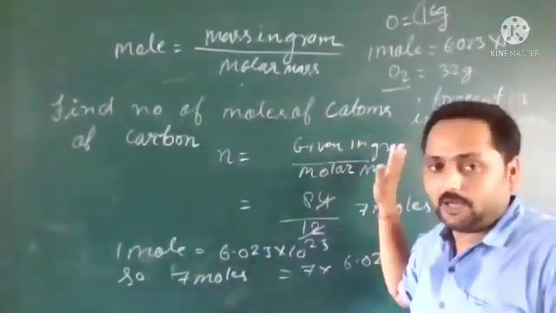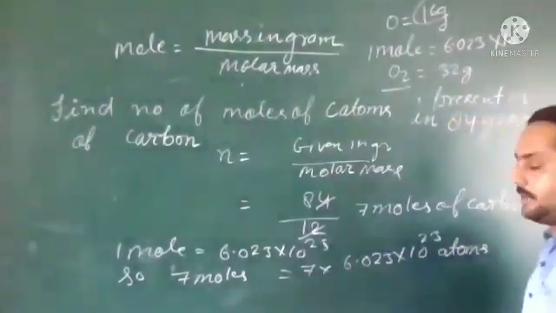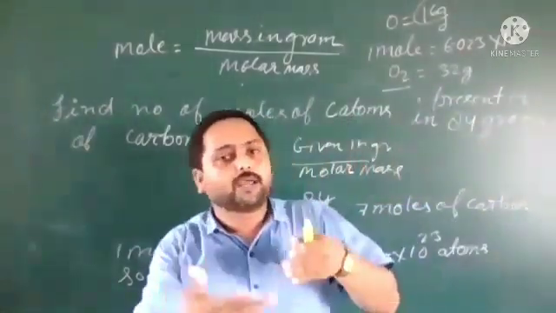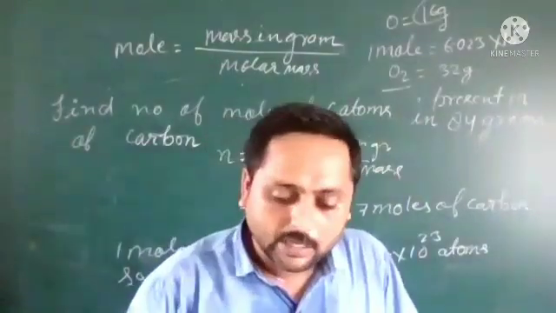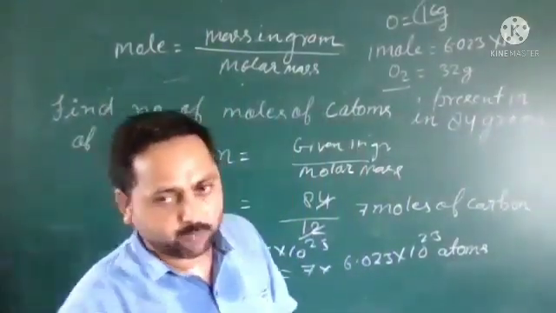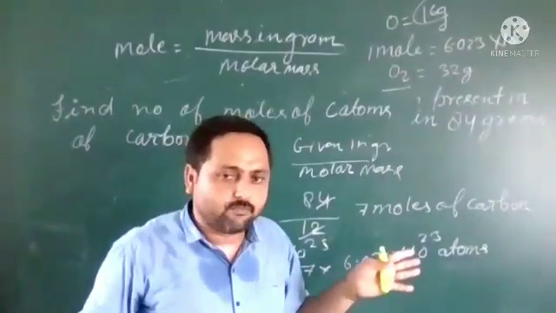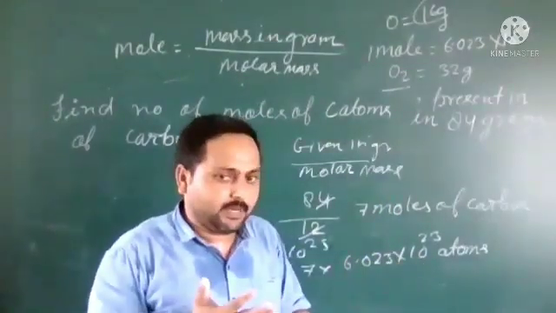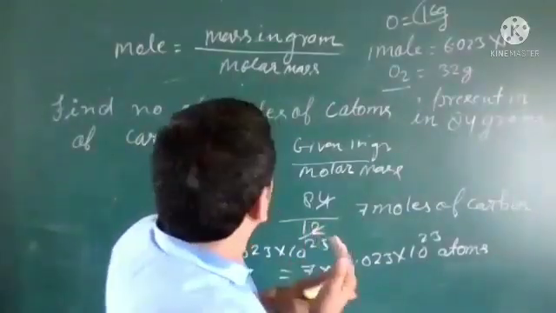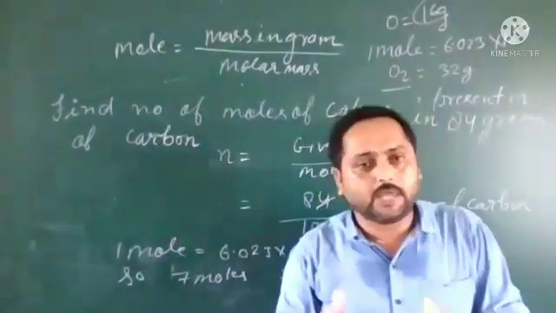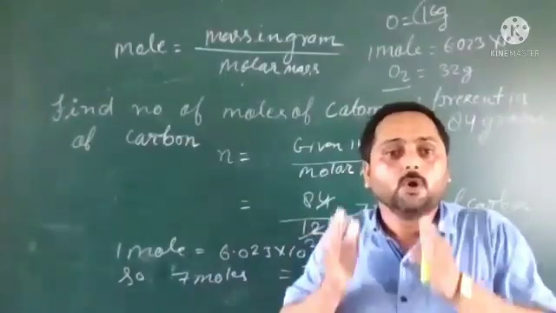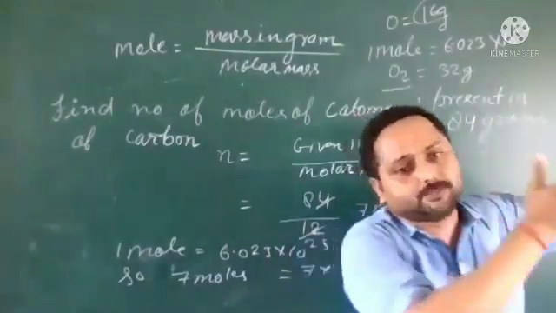So you can do it. Please try to solve these questions again, then the topic will be clear. No more questions are given in your book, but I noted this question from somewhere else. So try to understand this is the concept of mole. Molar mass of any species is equal to the mass of 1 mole of the given species.